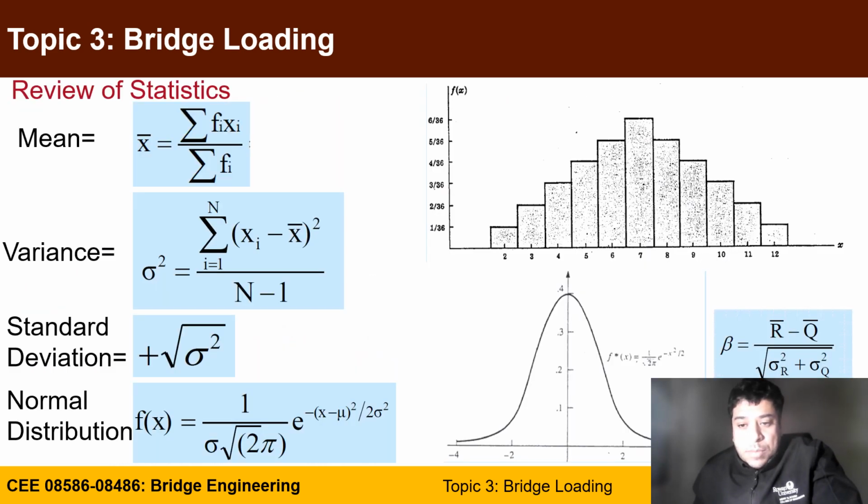so let's go back to some statistics that you need to review if you have a distribution. This is for two dice thrown at the same time, and you add the values on the top faces. So for example, you have 1/36 probability of having the two numbers added to each other to be 2, which is 1 and 1.